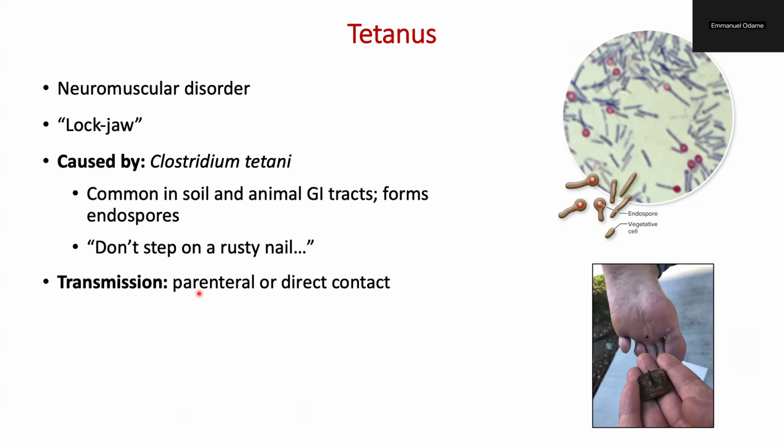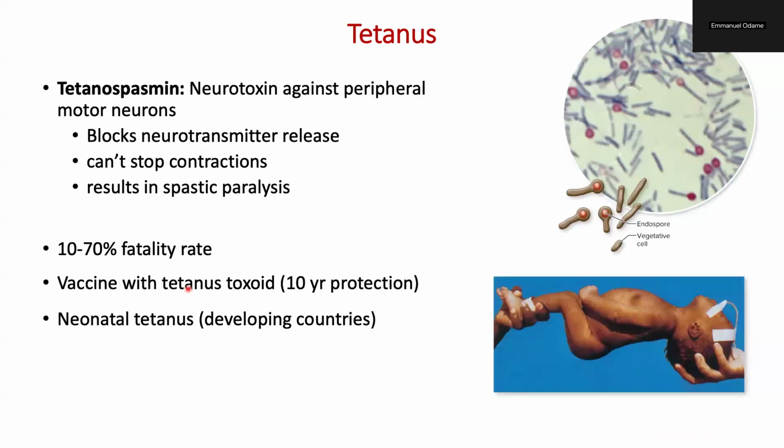So something that has been in the soil before, you can get it once you step on it or you get cut with it. For that reason, the mode of transmission is parenteral or direct contact. As we discussed, if a nail has been in the soil and you step on it, you can get it. Maybe a rusty razor or something, you will run a risk of getting it.